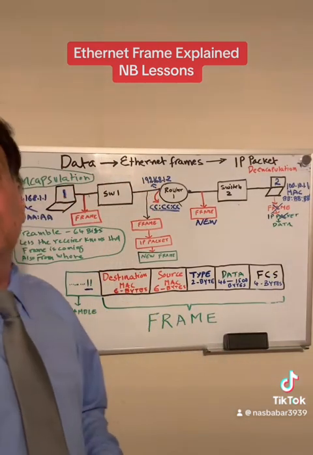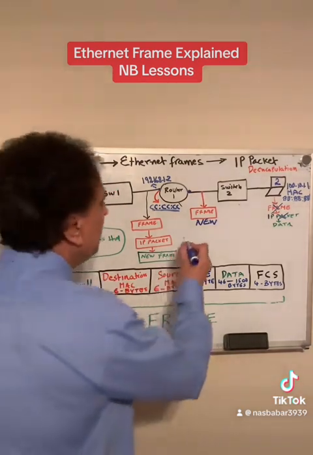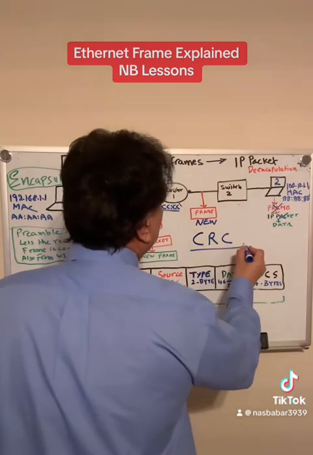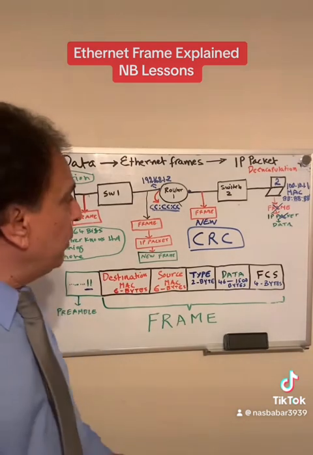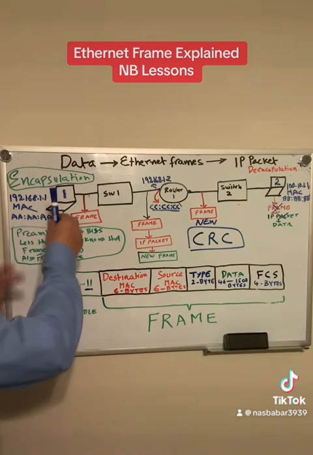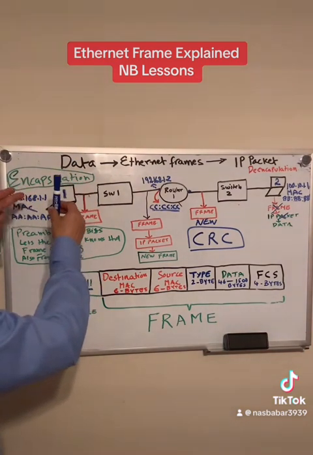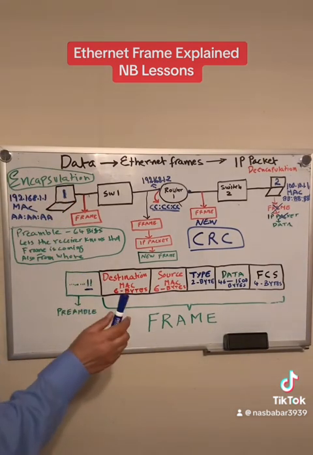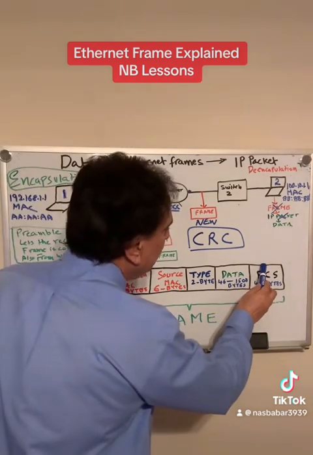So in the end, we have FCS, which means frame check sequence. What does frame check sequence do? Basically, it uses something called CRC, which is cyclic redundancy check, okay? So basically what it does is that when the packet is sent, laptop 1 uses some sort of mathematical algorithm and comes up with a number, and that number, which we derive from the mathematical algorithm, is placed right here in FCS.